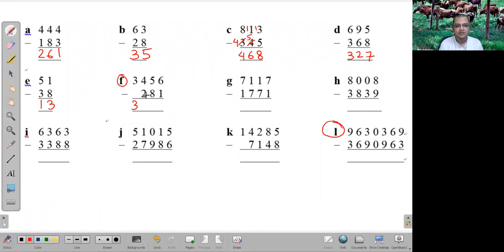We'll make 2 into 12 and give 2 into 3, 2, and then give 1 to 5 to make it 15. And then 15 minus 8 is 7. Yes. And 6 minus 1 is 5. Yeah. Okay.